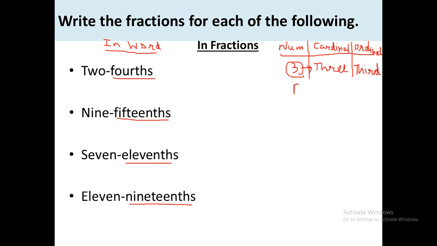So in case of 4, what is the ordinal form of 4?